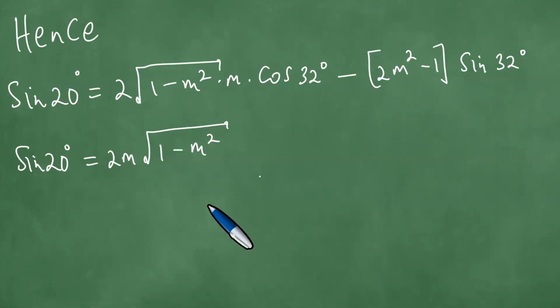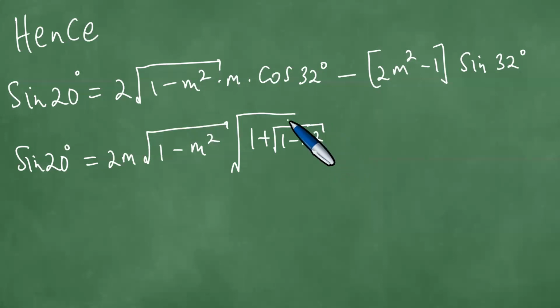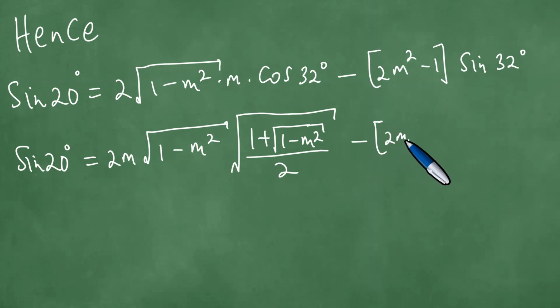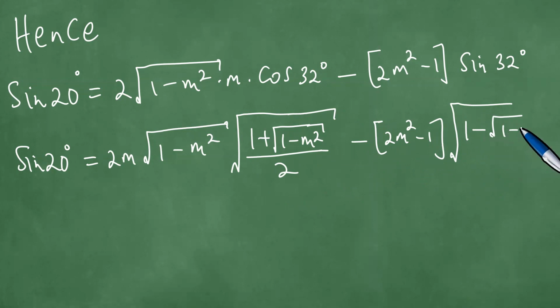So we're good. So this here, 1 plus the square root of 1 minus m squared all over 2, minus 2m squared minus 1, then the sine of 32 degrees, is the same as the square root of 1 minus the square root of 1 minus m squared over 2, like this.